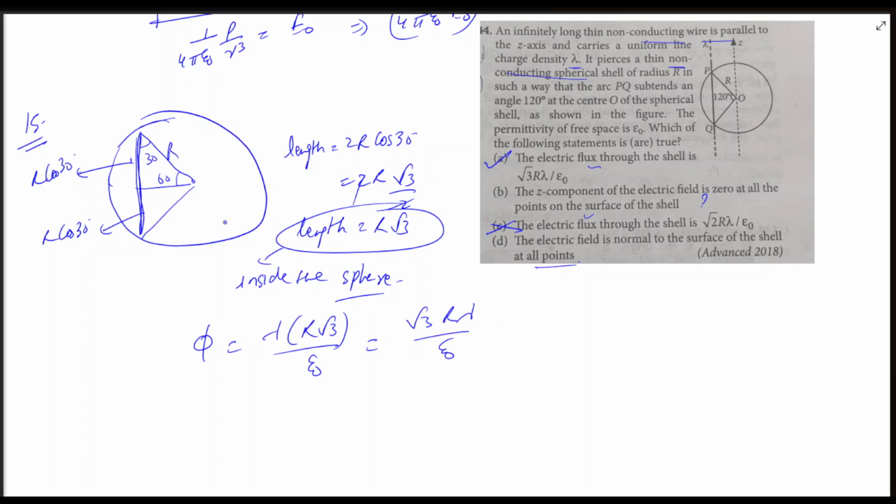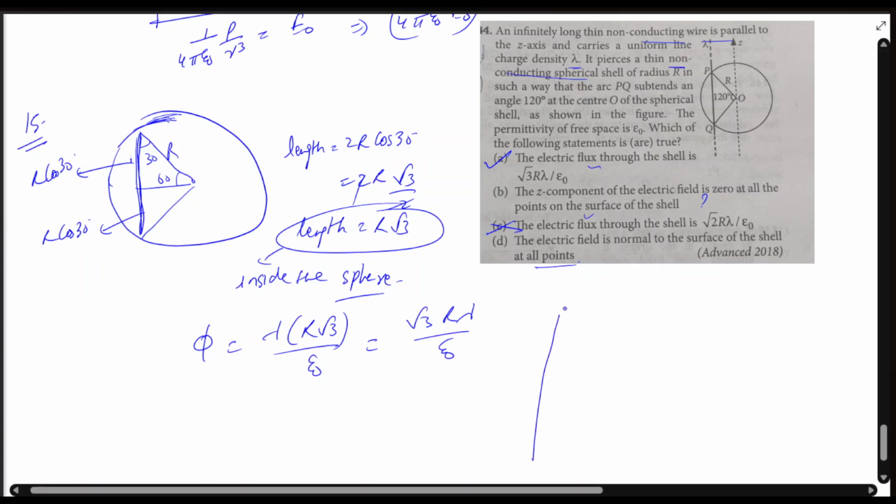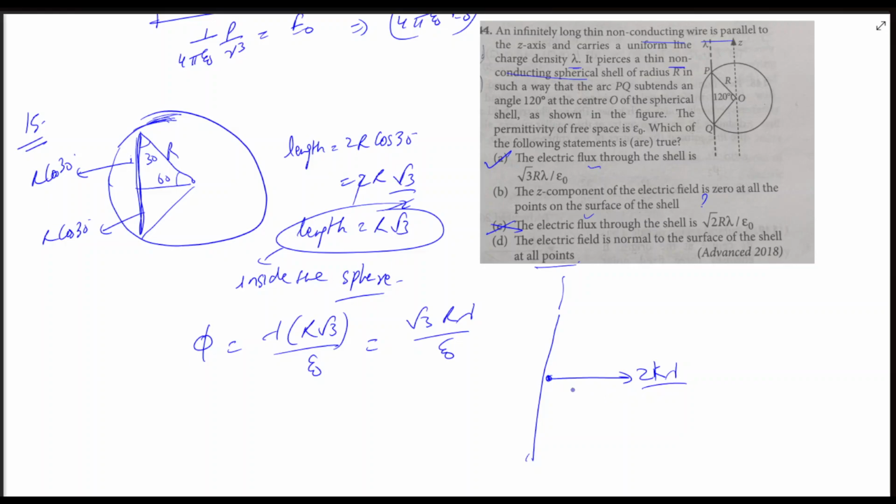Now look, this surface is non-conducting, so there won't be any polarization. So whether you consider it to exist or not exist, you can choose either. We have simply a wire of infinite length, and we know the electric field is perpendicular to it, and at any distance r it is 2k lambda by r, so it will always be perpendicular.